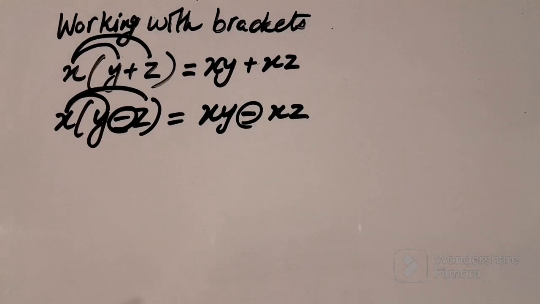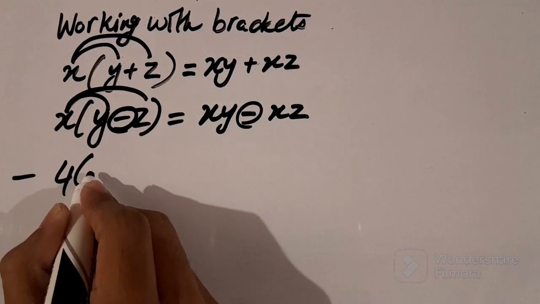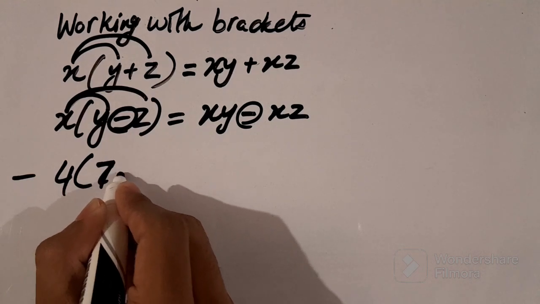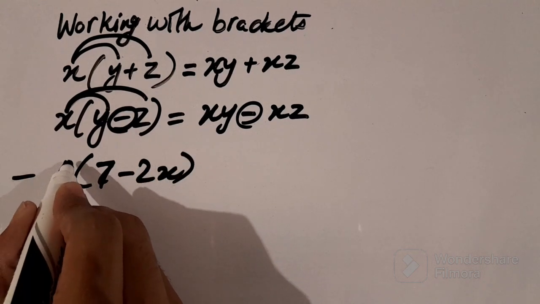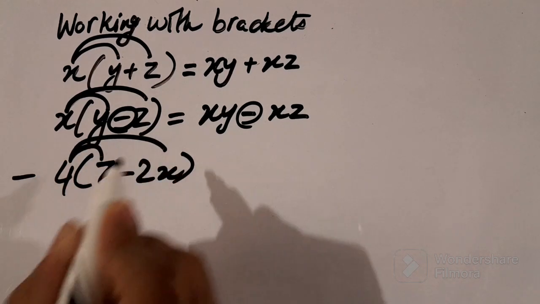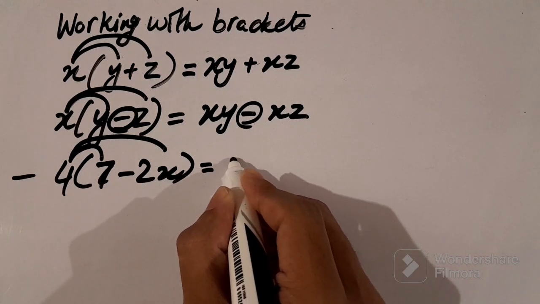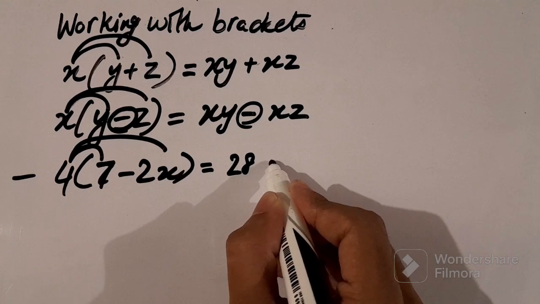One of the examples will be 4(7 - 2x). So first what we will do over here is 4 multiplied by 7 and then 4 multiplied by 2x. So 4 multiplied by 7 is 28 and 4 multiplied by 2 is 8.